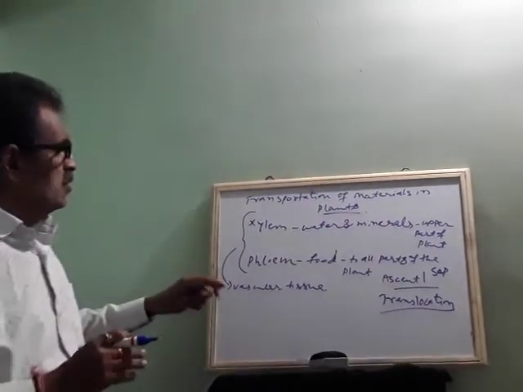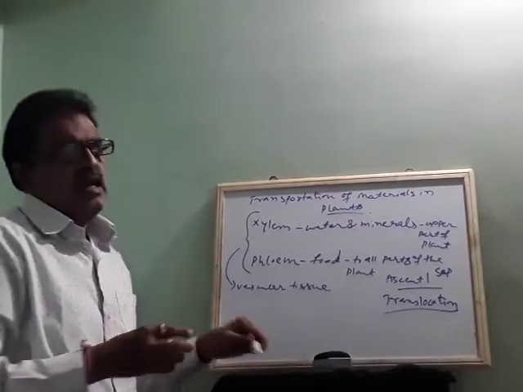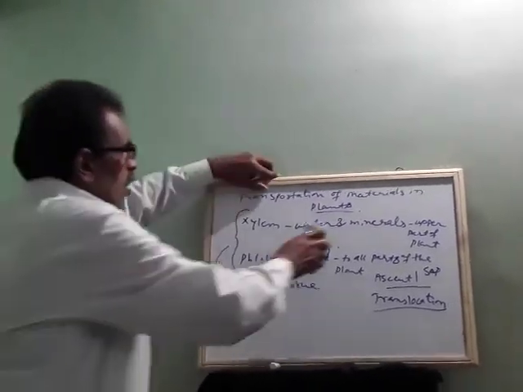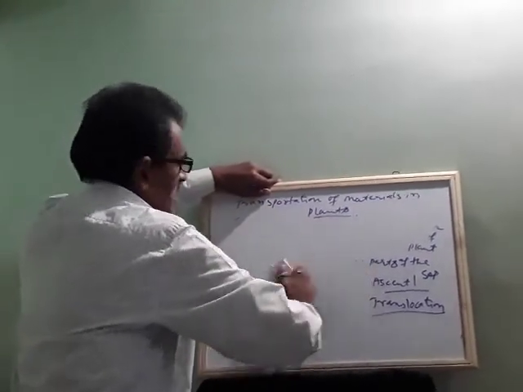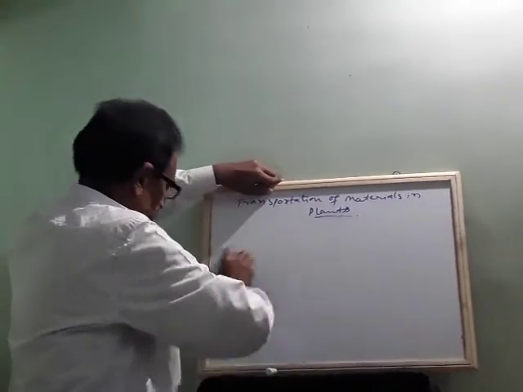These are the important concepts: how the food will reach and how the water and minerals will reach. Then again, how the processes take place whenever there is transport of food and minerals.